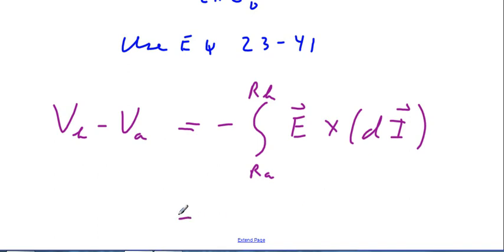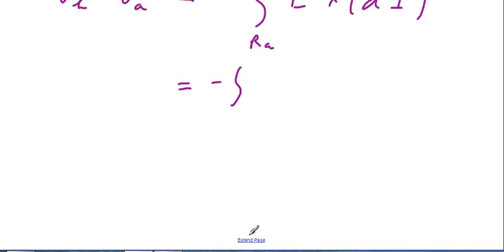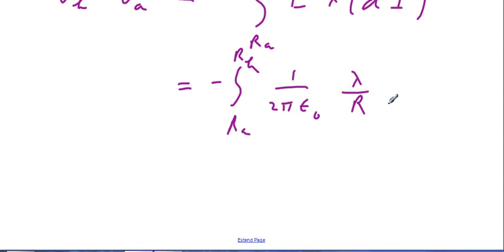Okay, that's going to equal minus the integral from r_A to r_B of 1 over 2 pi epsilon naught lambda over r dr.